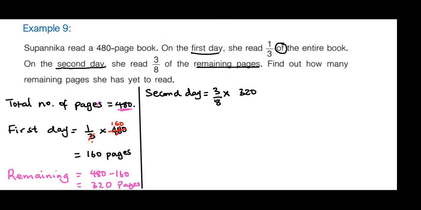What will be that? 8 by 8, 1. 32 divided by 8, we get 4, right? Then 3 times 40, we get 120. 120 pages.